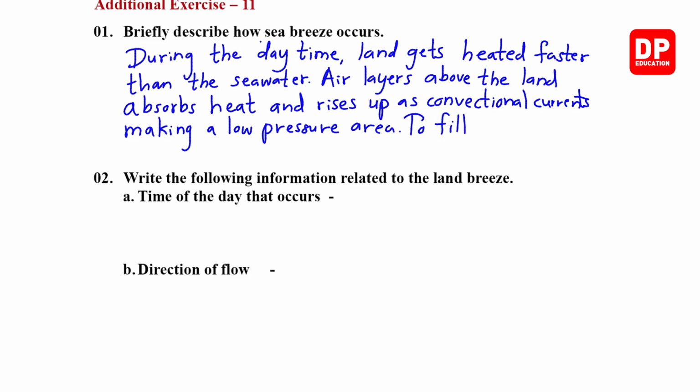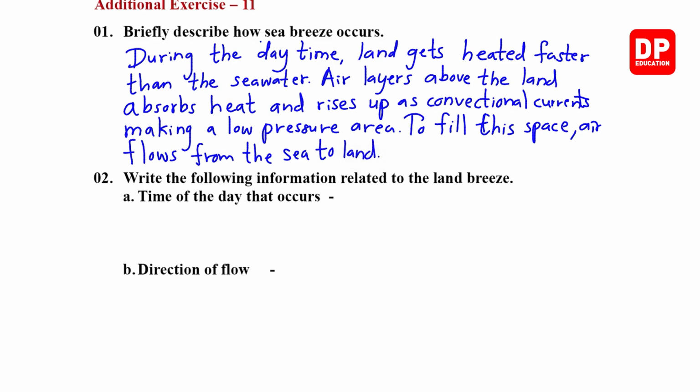To fill this space, air flows from the sea to land. This is called the sea breeze.